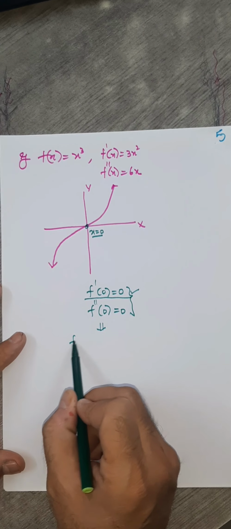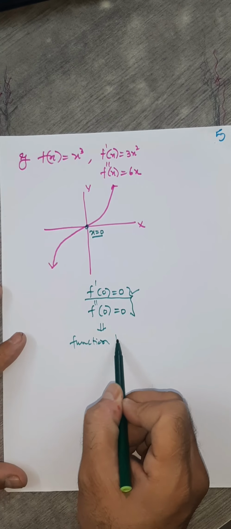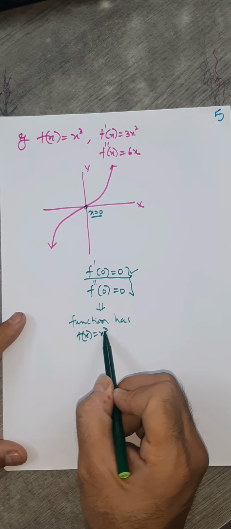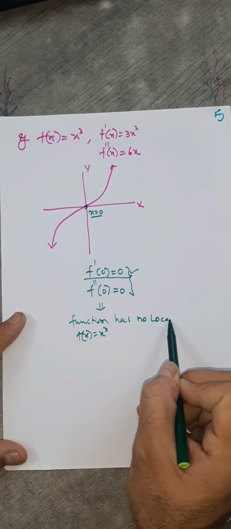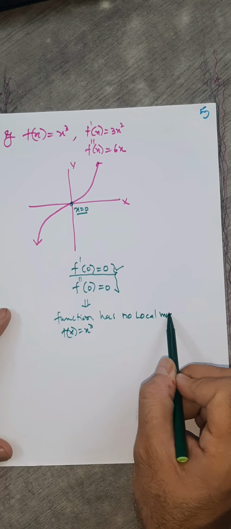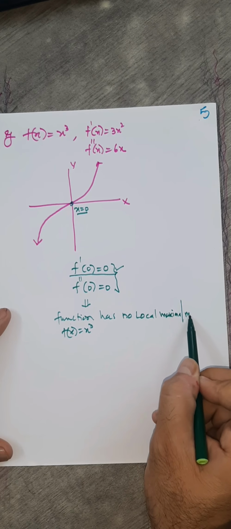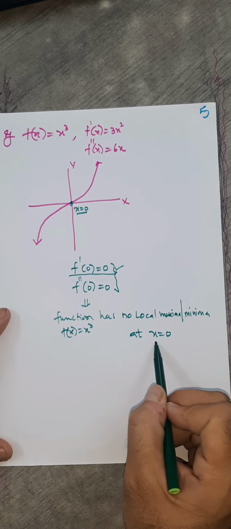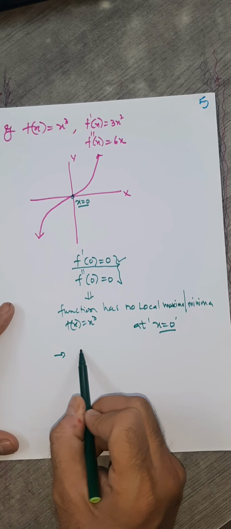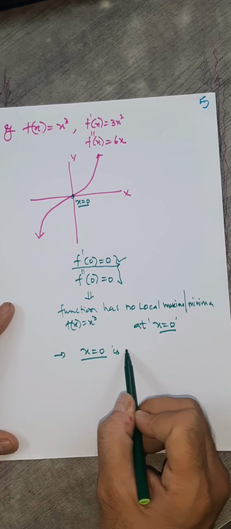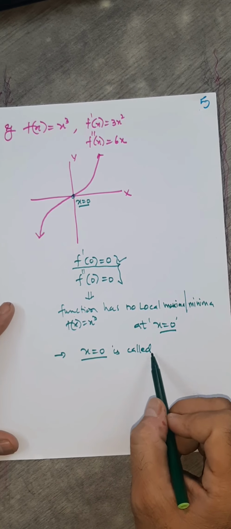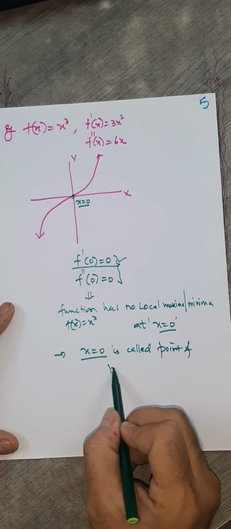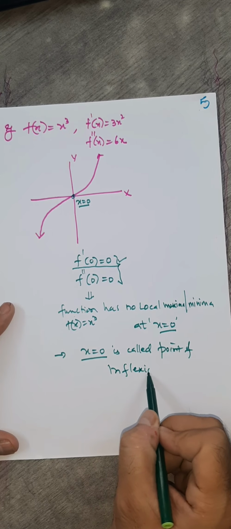Still, the function f of x equals x cube has no local maxima or minima at x equals 0. So this point x equals 0 is called which point, as I explained? Point of inflection.